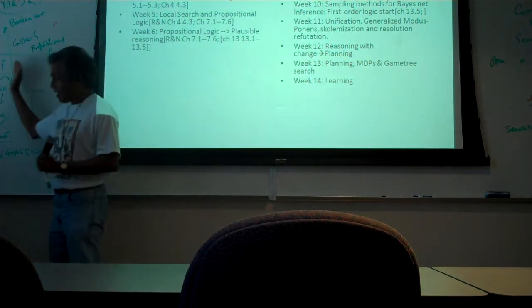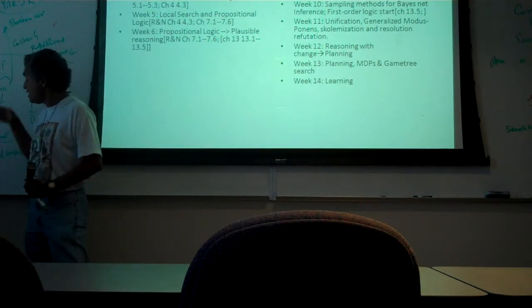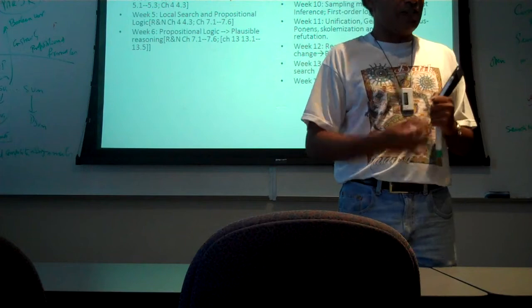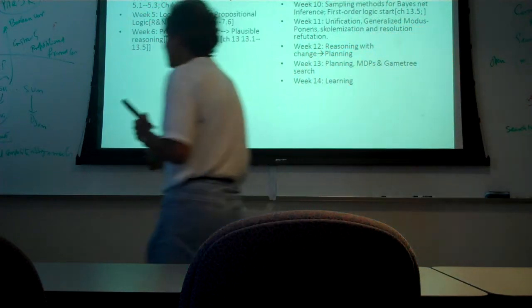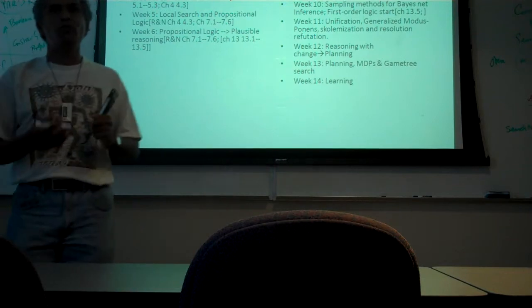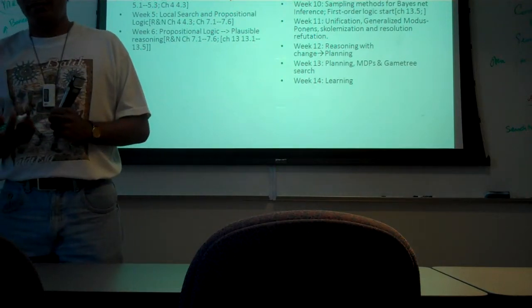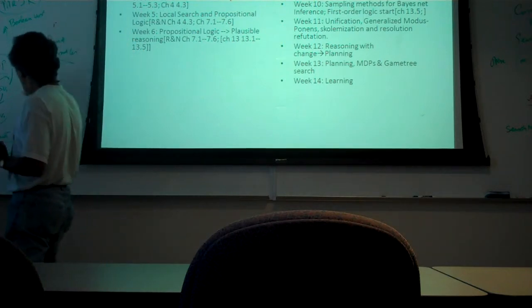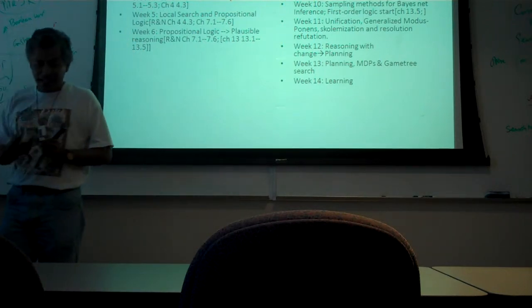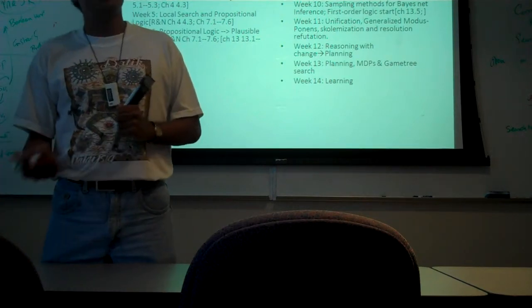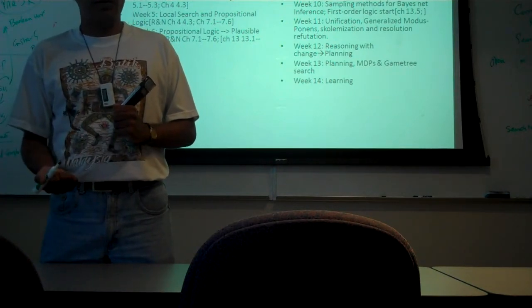In fact, once I get to planning, we'll see that there is a representation called the STRIPS representation, which can be seen to be close to propositional logic. It basically assumes state variables are Boolean. Whereas it turns out that in many cases you are better off realizing that the state variables are multi-valued.